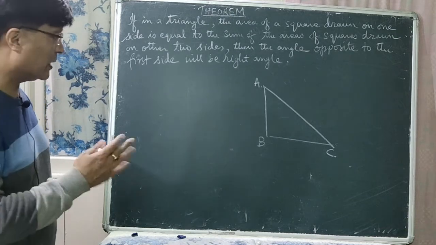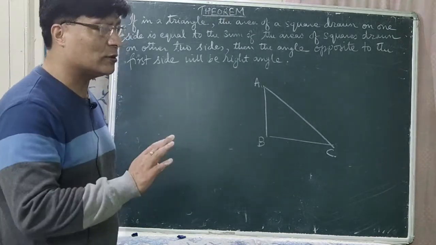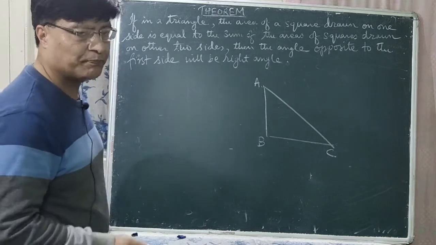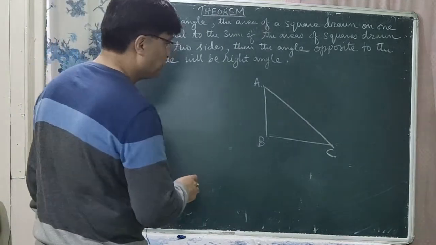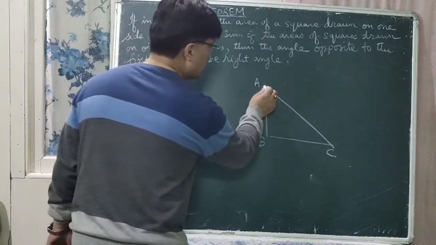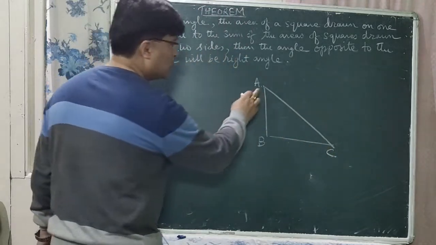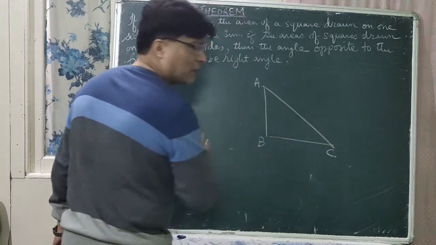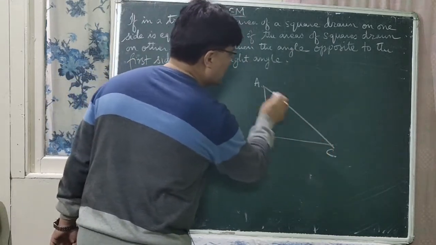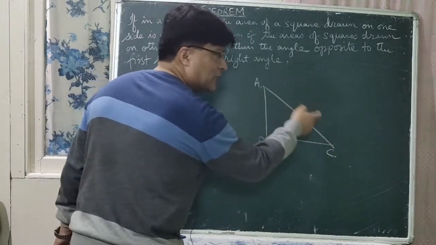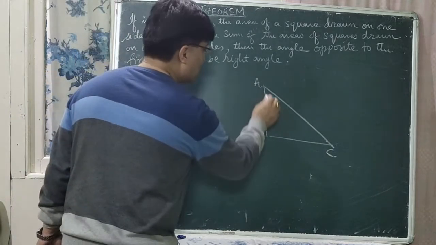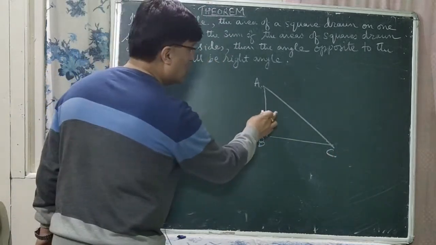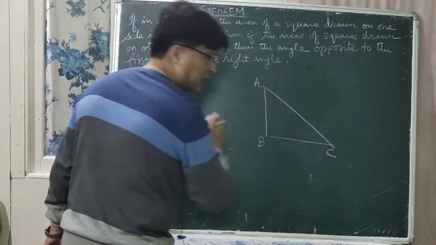Okay. So again, try to understand it. I'm again explaining what is given here. The area of the square on the side AC is equal to the sum of the areas on the other two sides, AB and BC.